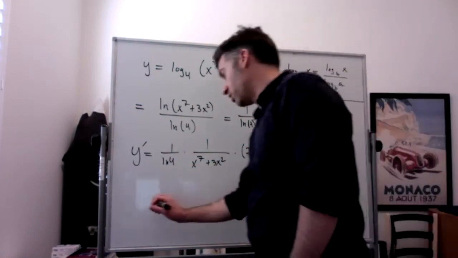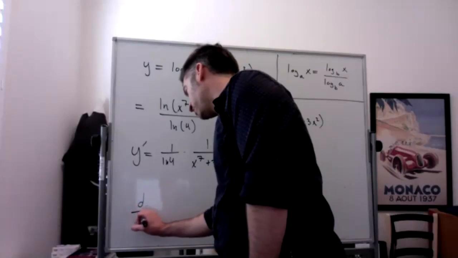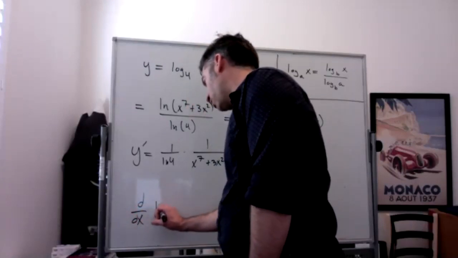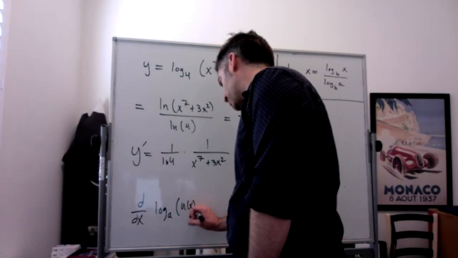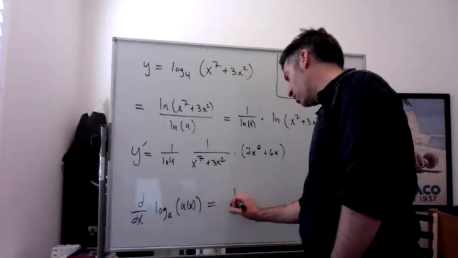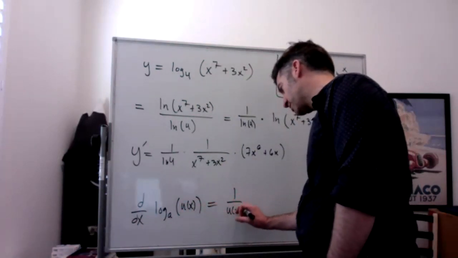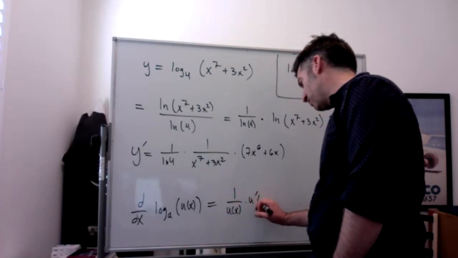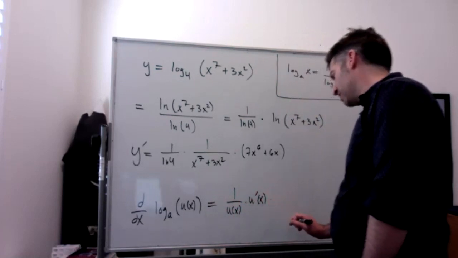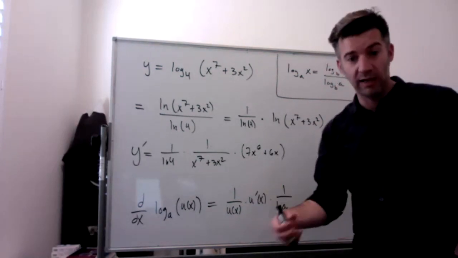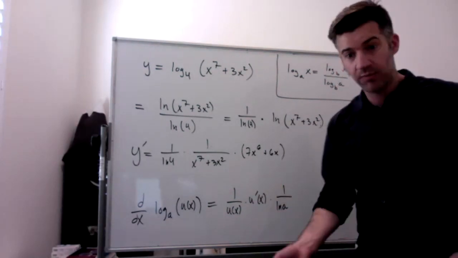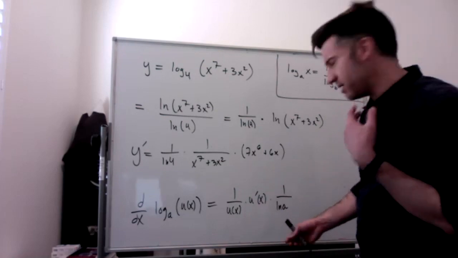And more generally, the derivative of log base a of some function of x is 1 over the function of x times the derivative of the function of x times 1 over the natural log of the base, or dividing by the natural log of the base.